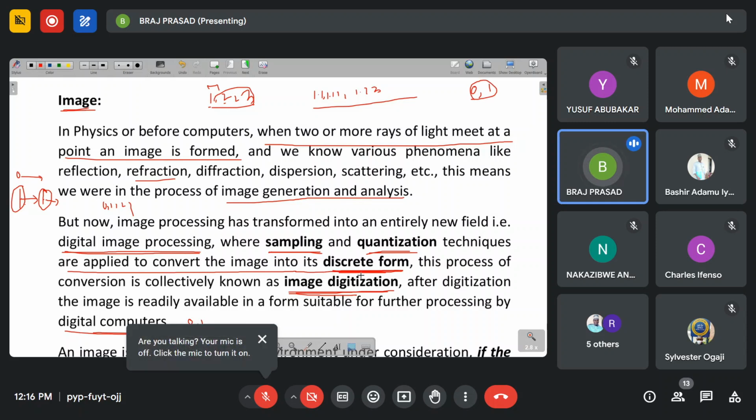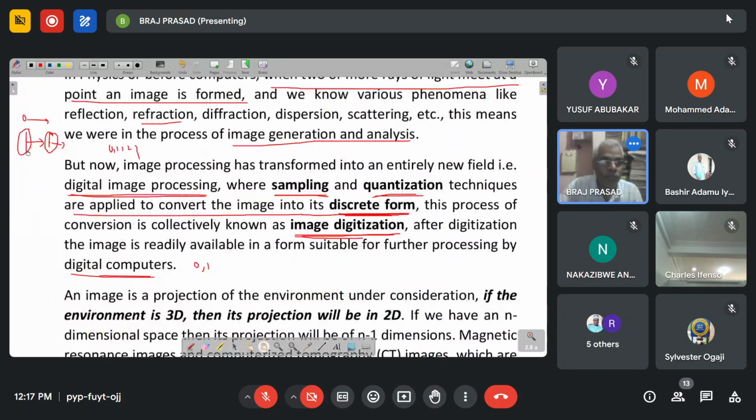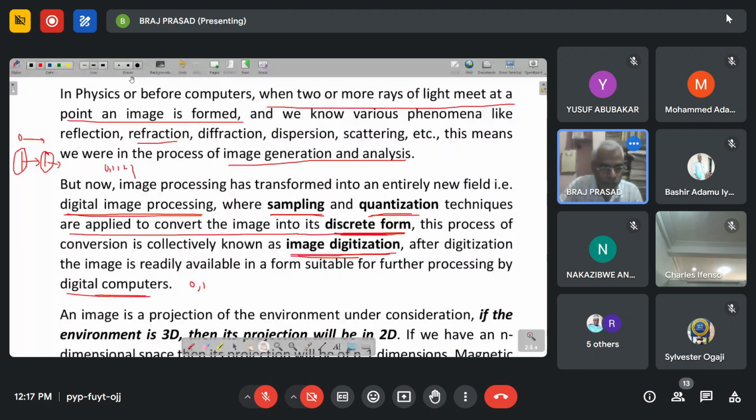After digitization, the image is readily available in a form suitable for further processing by digital computers. If this object is converted into 0 and 1, then our computer can understand the meaning or concept of this object.